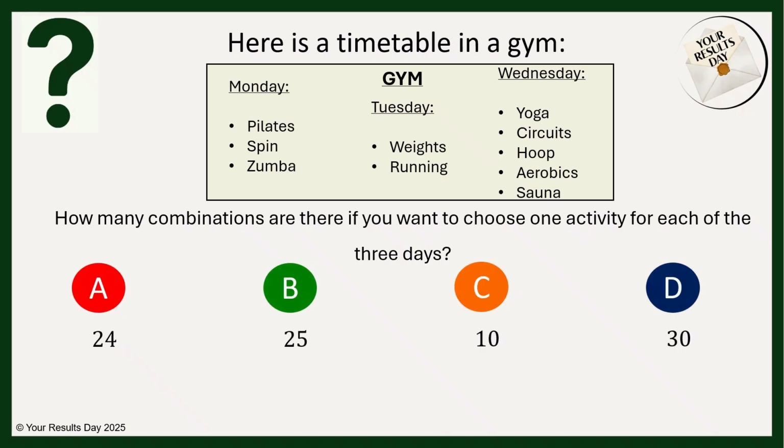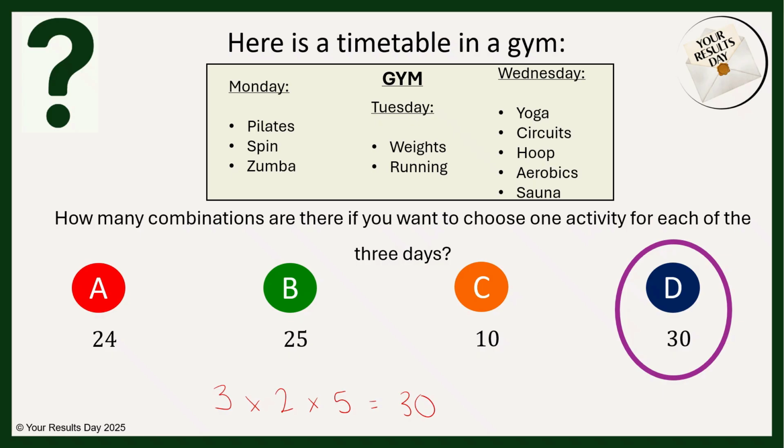Here are your options. Well, there are 3 choices on a Monday, 2 choices on a Tuesday, and 5 choices on a Wednesday. 3 times 2 times 5 is 30. So that would be D.